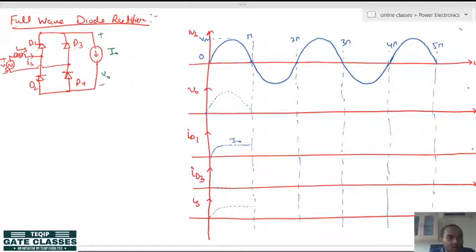So, it will look like this. If you see, the circuit will look like this.